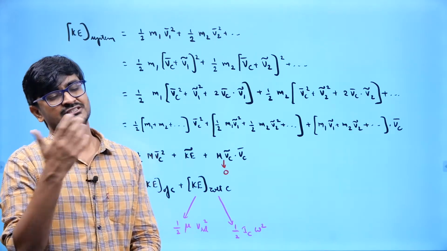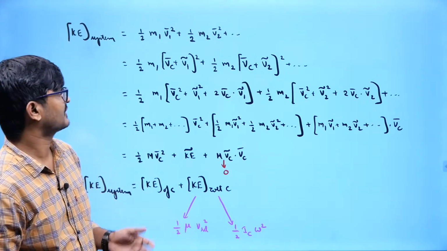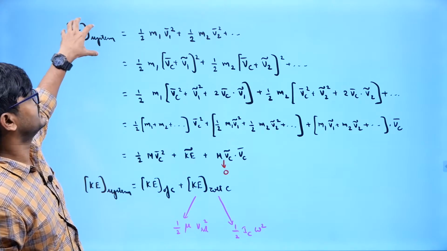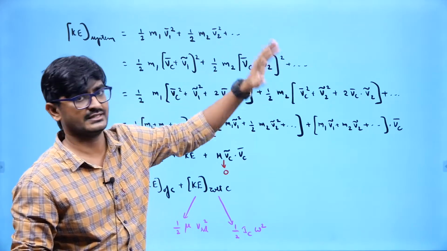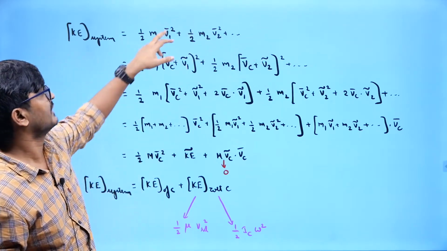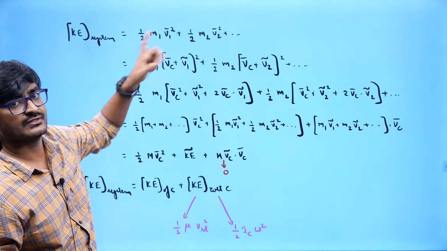What is the importance of the center of mass frame from the energy point of view? The kinetic energy of the system will be given by half m into v1 square plus v2 square plus v3 square and so on, right? So this is the velocity of the particle from the ground frame.